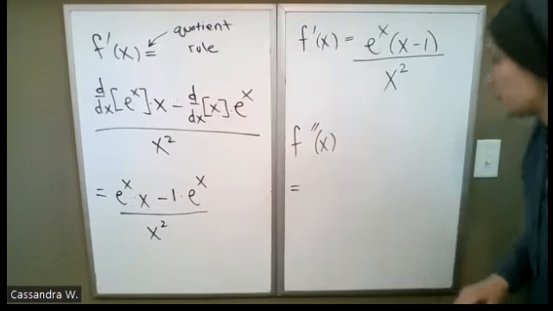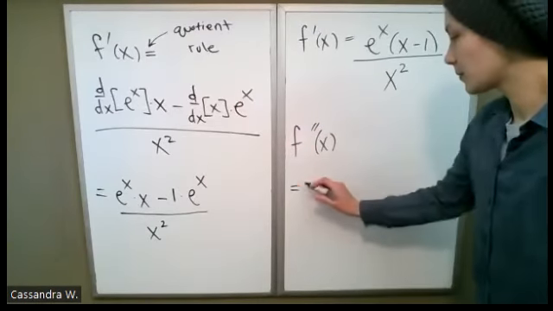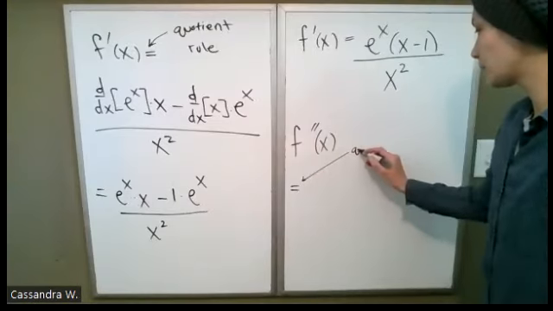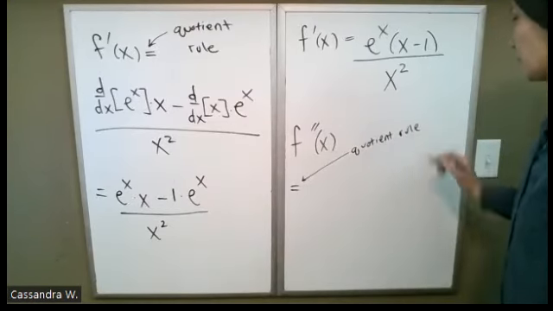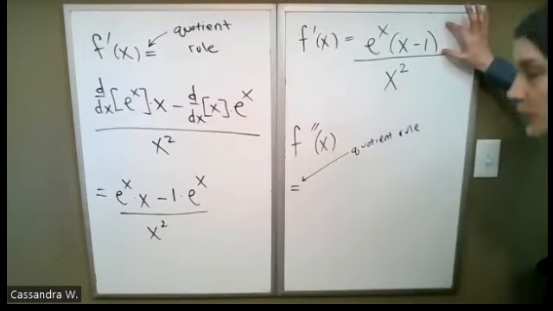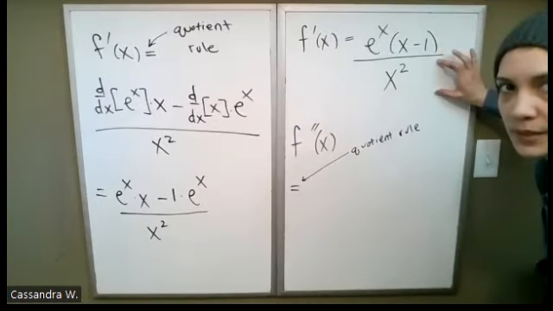From the quotient rule, you want to take the derivative of the numerator, then multiply by the denominator.